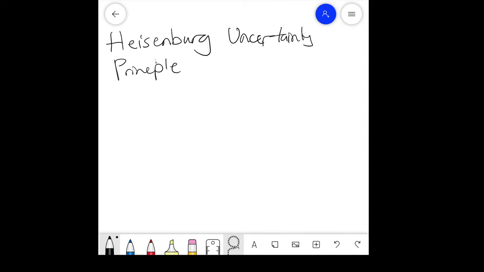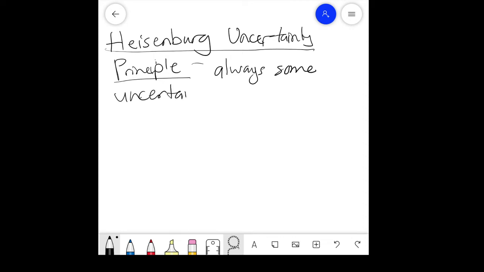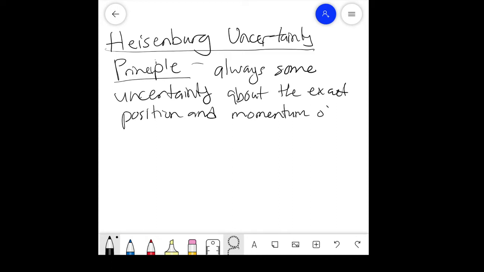What Heisenberg's uncertainty principle says is that there's always some uncertainty about the exact position and momentum of an electron, because they're super tiny and always moving.